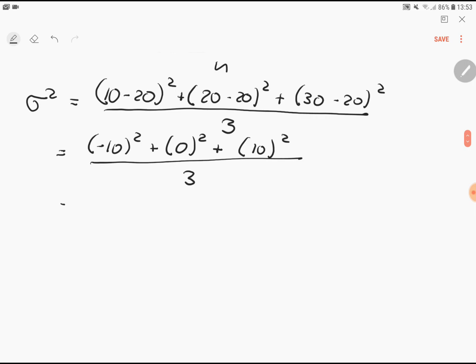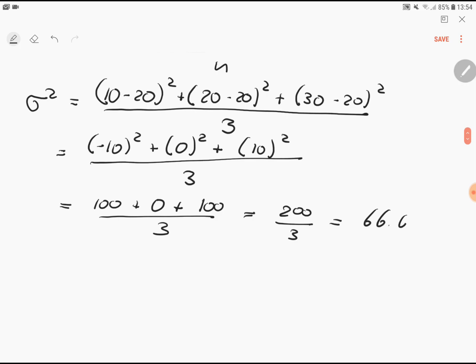Negative 10 squared gives 100, plus 0 squared gives 0, plus 10 squared again gives 100, divided by 3. That gives us 200 divided by 3, which gives us 66.67. So that's our variance.